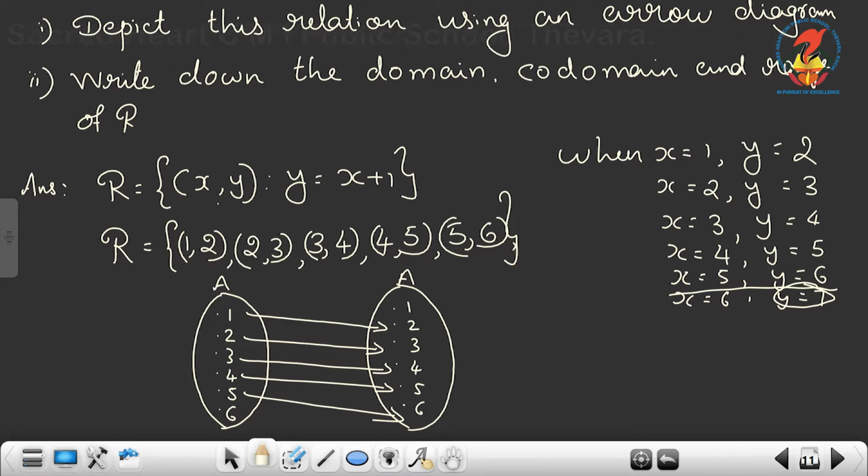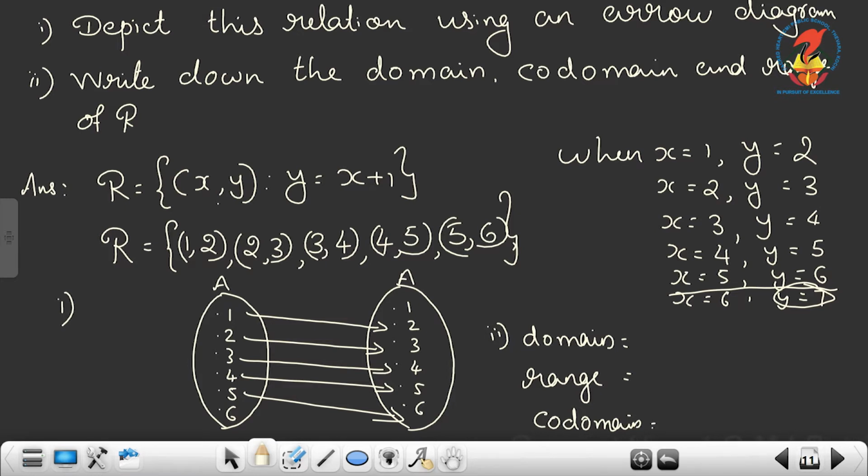Now write down the domain, codomain and range of R. So this is the first part of the question. Now second part I am writing here. What is the domain? Domain of R, range of R and codomain. What is domain?